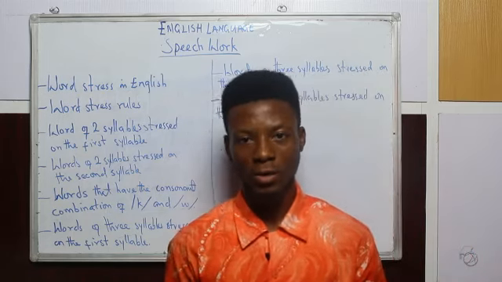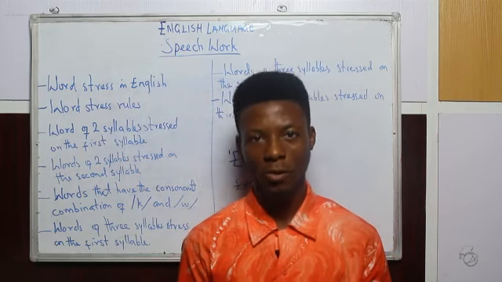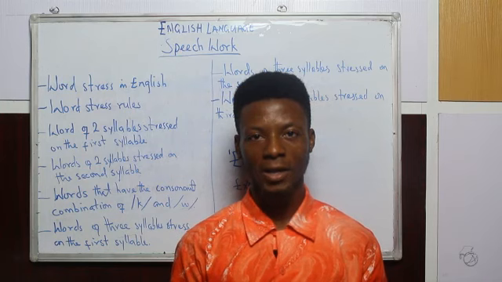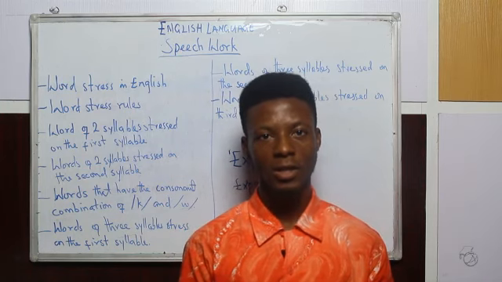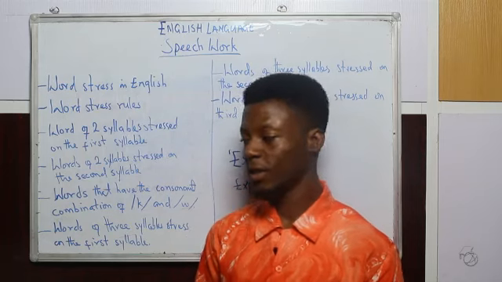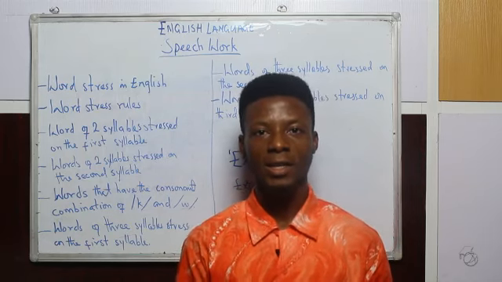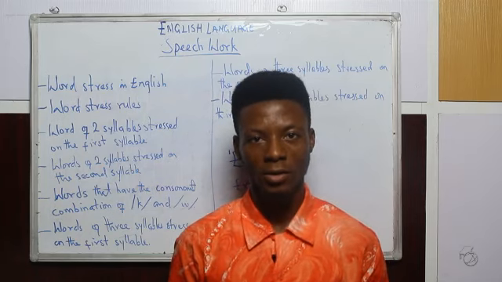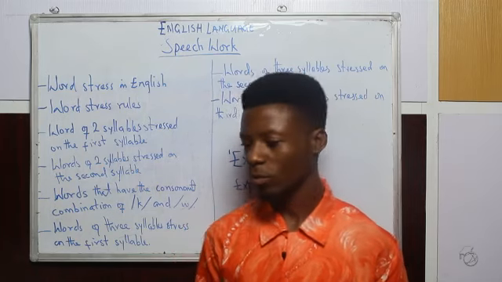So when pronouncing our words, we make use of the stress. It helps to identify the syllable that carries more stress, that has more emphasis, and it is determined by the loudness of the voice, the pitch of the voice while pronouncing these words.